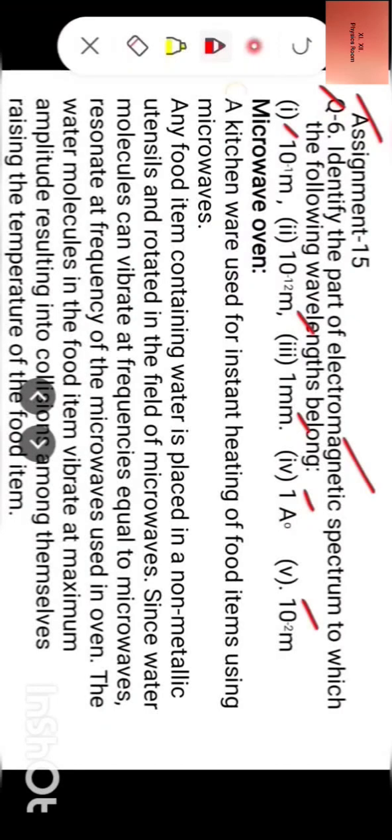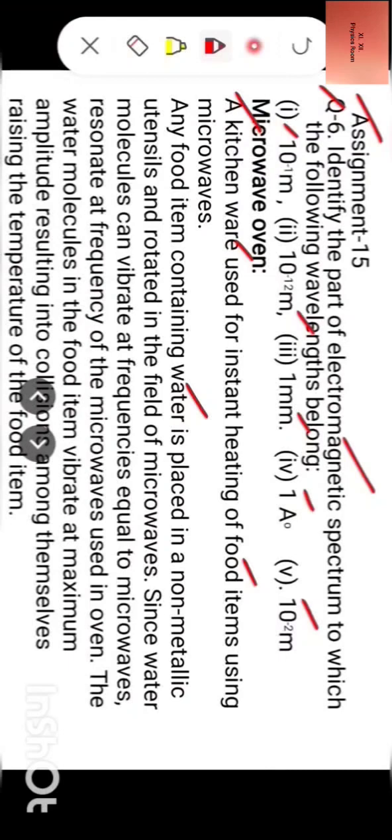Now microwave oven. Microwave oven is a kitchenware used for instant heating of food items using microwaves. Any food item containing water is placed in a non-metallic utensil and rotated in the field of microwaves.